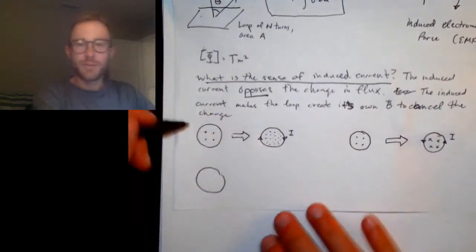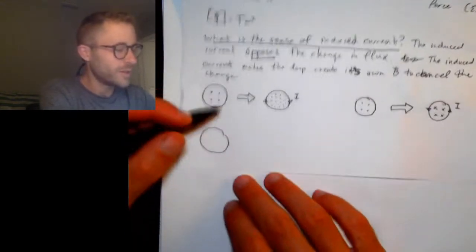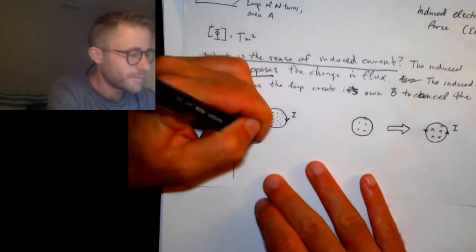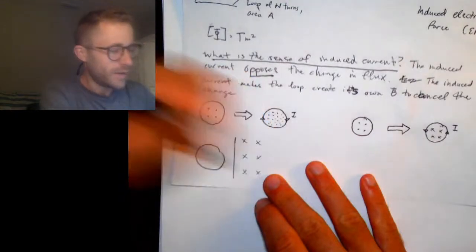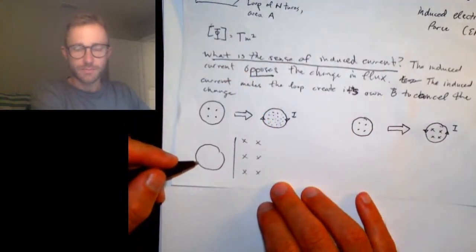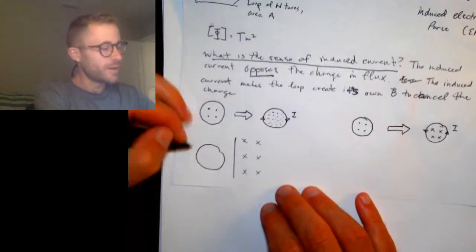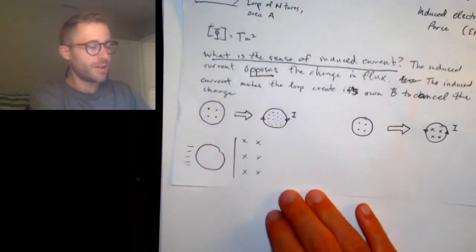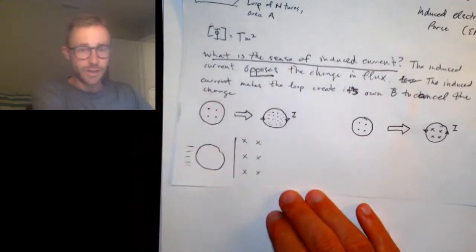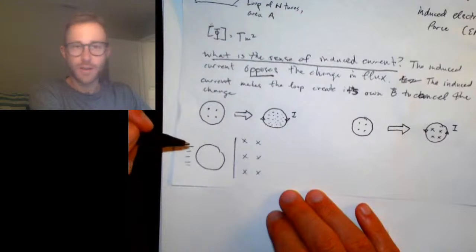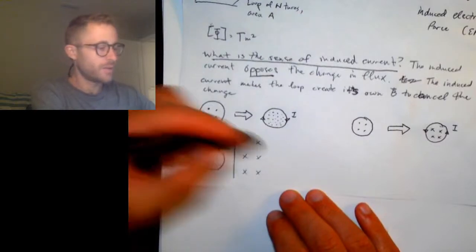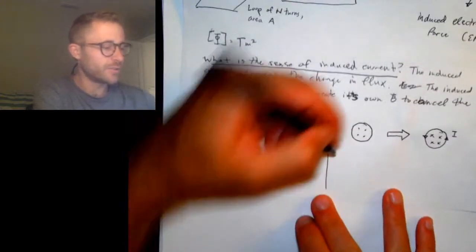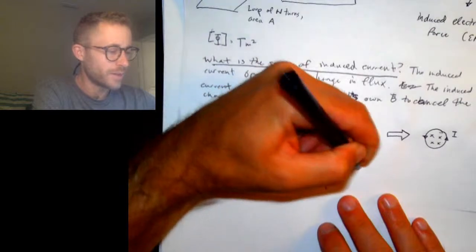Another thing that could happen, so this happens sometimes, is you have a loop that has no flux, but the loop is headed to the right, and so it travels into a region where there is now a magnetic field. So later on, now the loop is in this region with a magnetic field.